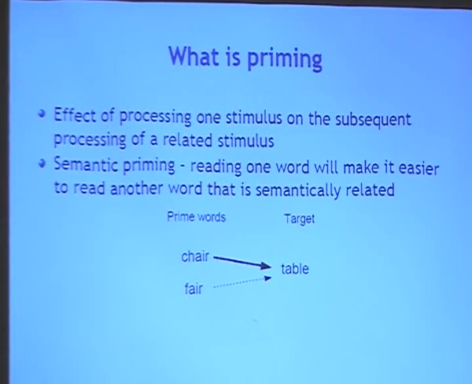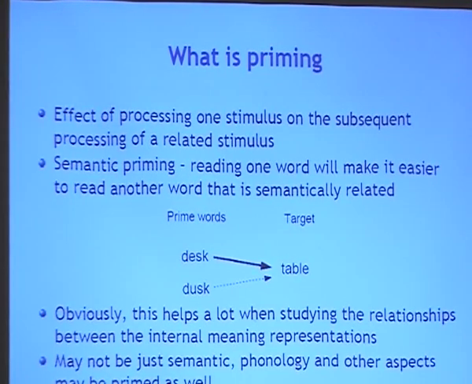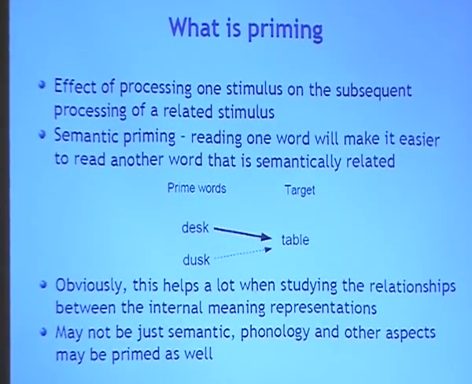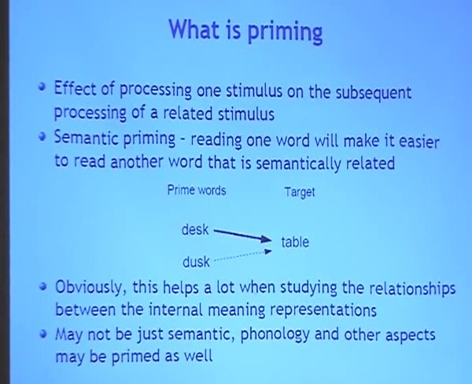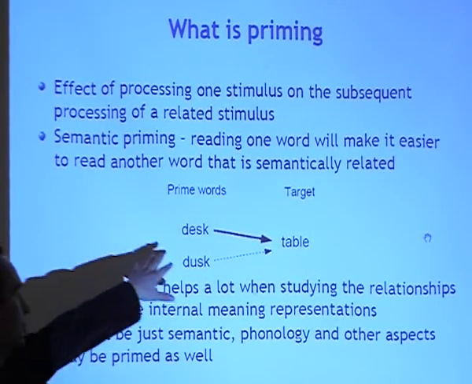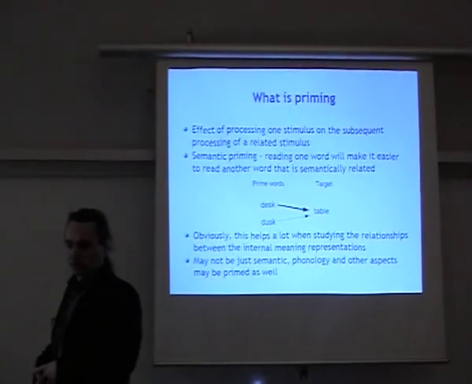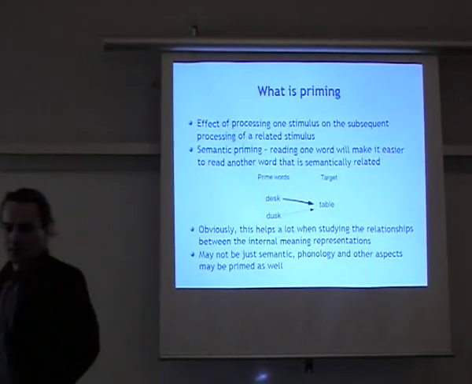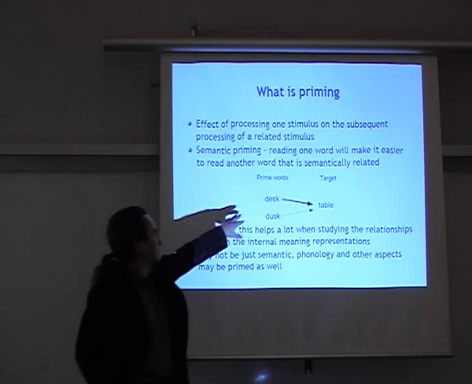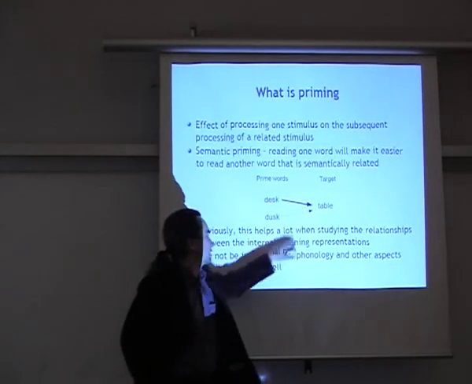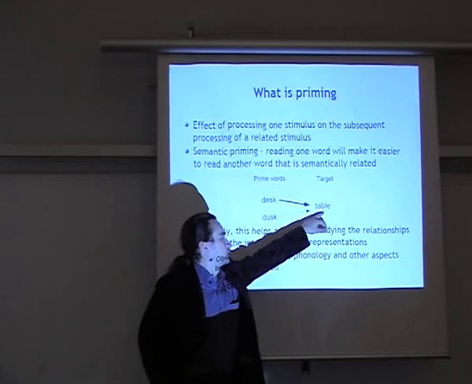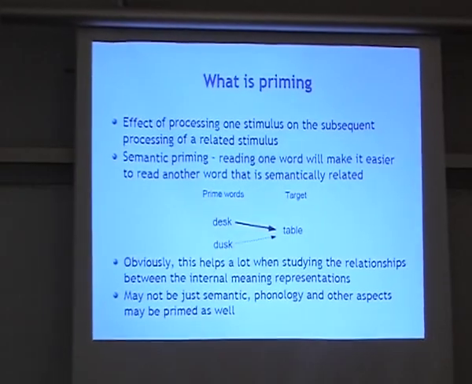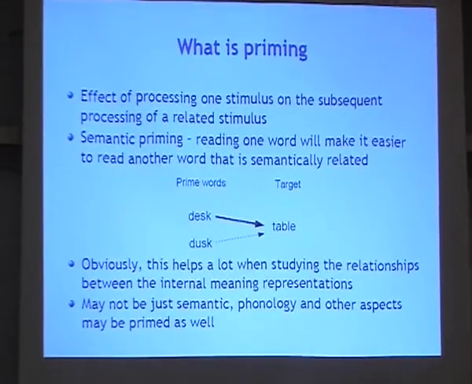So this is an example of a priming manipulation. You can have an experiment where people see a word and then see a different word, and they have to react in some way to this second word. And if the first word is something that's semantically related, like desk and table, the reaction here will be faster and more reliable, with fewer errors, and so on.